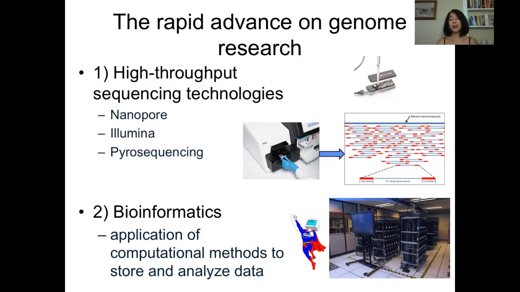We could sequence up to maybe 900 base pairs, and we were just starting to have troubles. With these new technologies, we can sequence full genomes. Some of the technologies are nanopore, Illumina, and pyrosequencing, although pyrosequencing is not being used that often. And right now, Illumina is one of the technologies that we are using heavily.